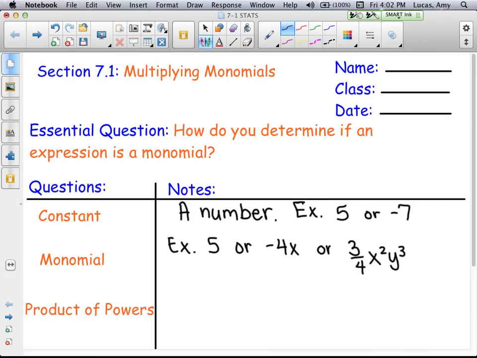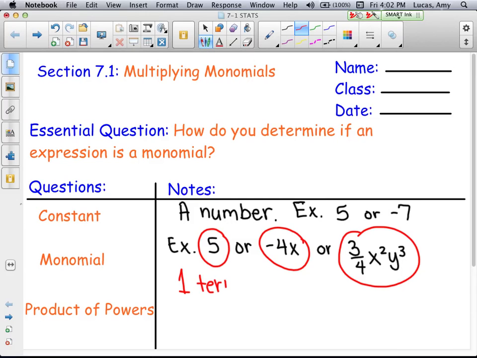That's also a monomial. So a monomial is a product of a constant and a variable, or maybe a constant and more than one variable. The variables could have exponents on them because that represents a product of variables, or they could just be a constant number. So a monomial means one term.